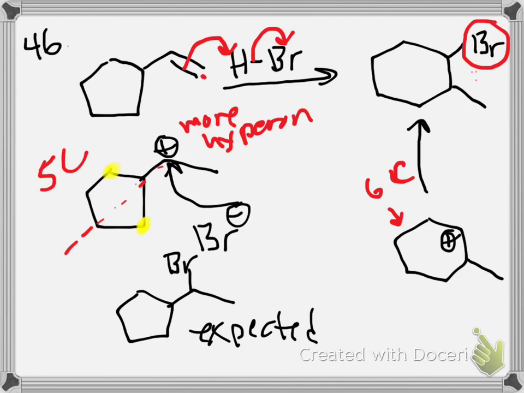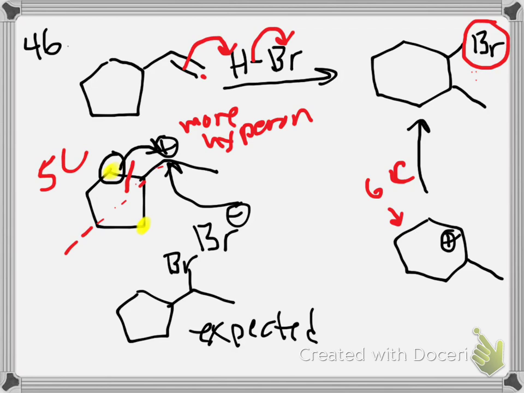So what you do is you circle the shifting group and have the arrow going straight to the positive charge. What that will do is break that bond and form a new bond, because it is an alkyl shift.